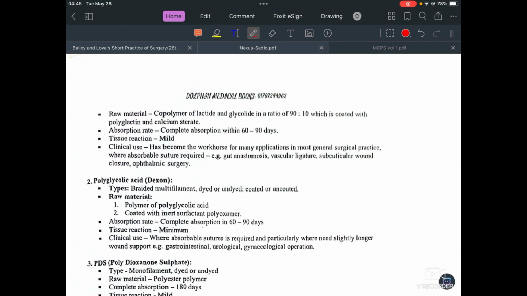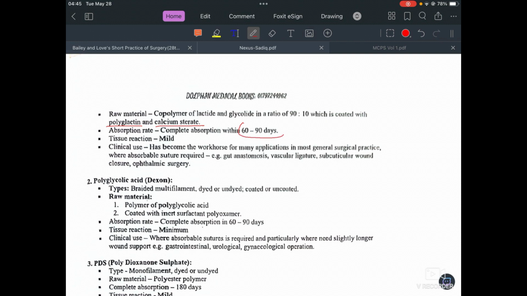That's why this is called polyglactin, which is coated with polyglactin and calcium stearate. Absorption rate, complete absorption within 60 to 90 days.